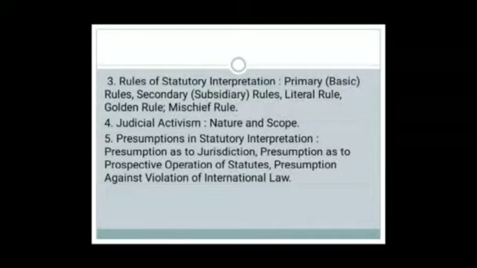Then the fourth unit, which is very important, is judicial activism. Then presumption and statutory interpretation: presumption as to jurisdiction, presumption as to prospective operation of statutes, then presumption against violation of international law. Now, what is judicial activism?